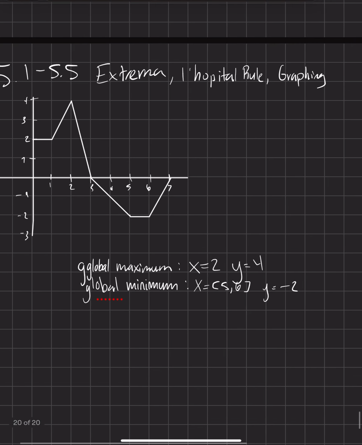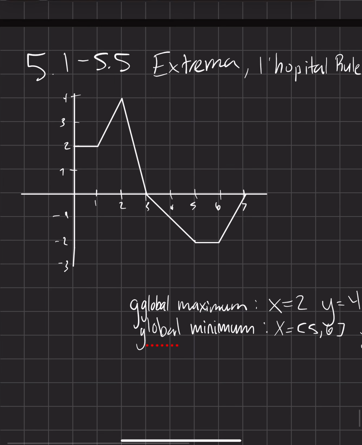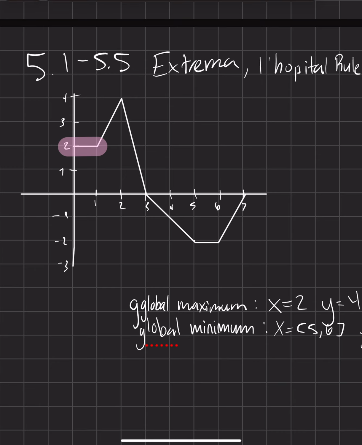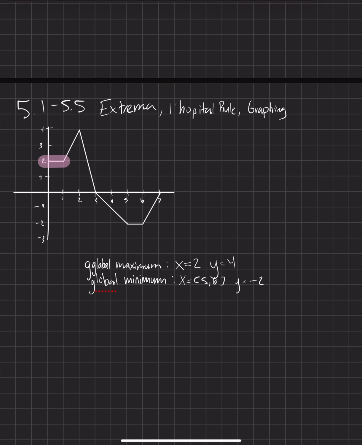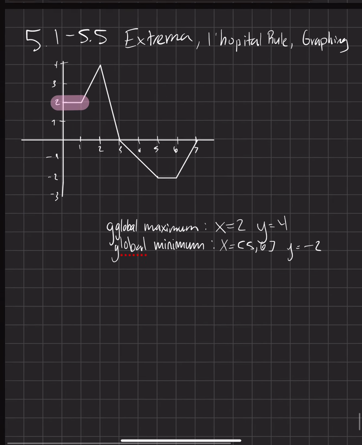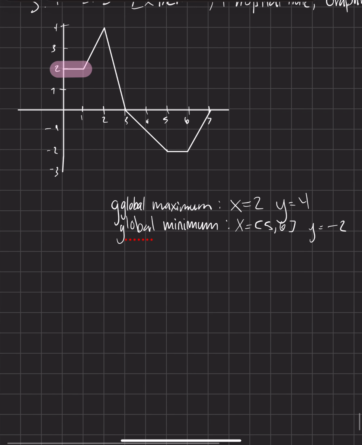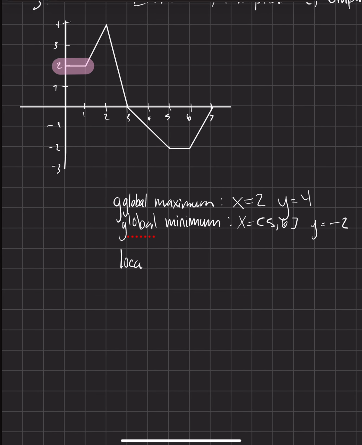Now we can start getting to some more interesting things. First, let's evaluate what's going on in this section right here from 0 to 1. So we can say locally, if we really zoom in here, that from 0 to 1, this is going to be a local minimum when x is equal to 0, comma 1.